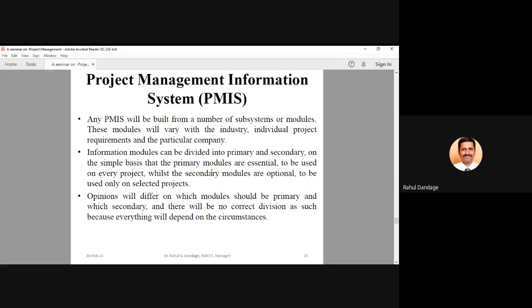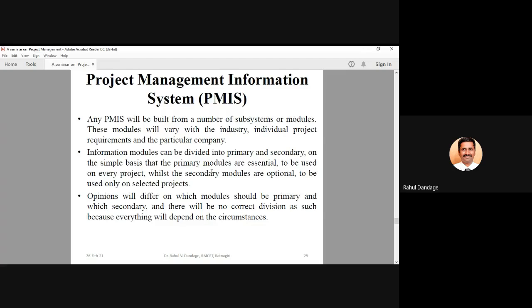So any project management information system will be built from a number of subsystems and modules. These modules will vary with the industry, individual project requirements, and particular company. So there is no specific standard module that will be suitable for all kinds of industries. If I take a construction industry, the modules required may be different.